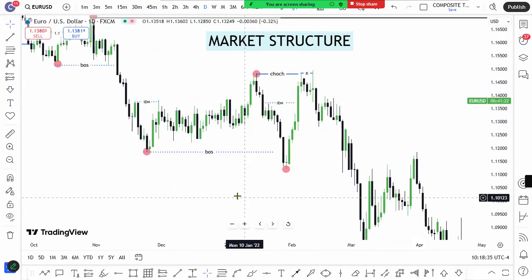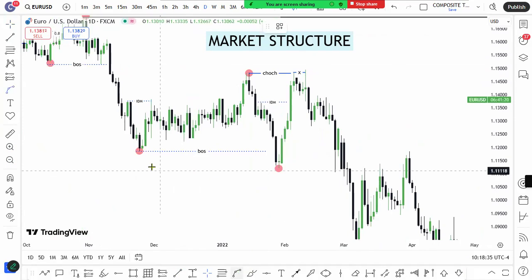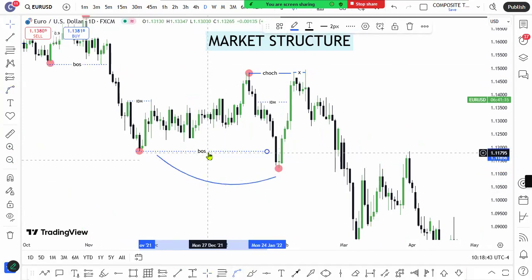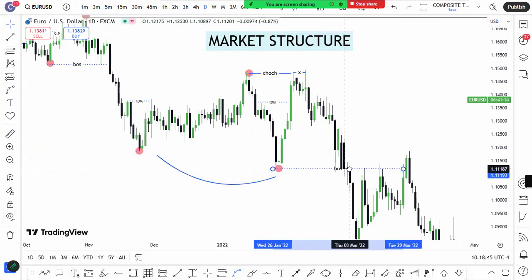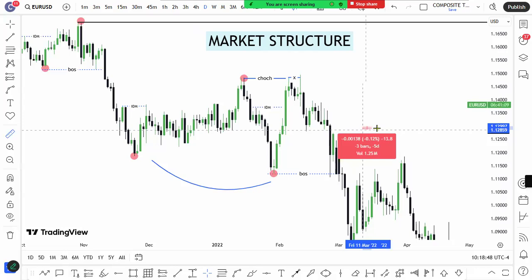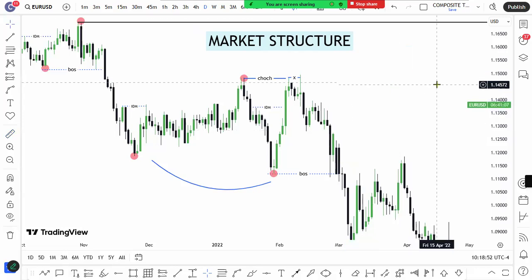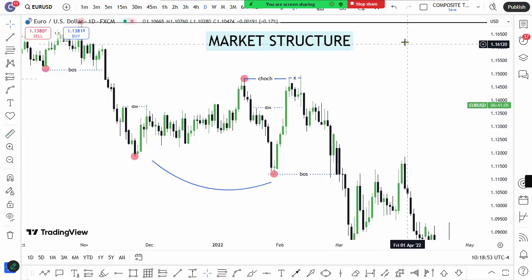So what we can do is what we call structure transfer. We'll transfer this break of structure to here. Okay, but let me do this.